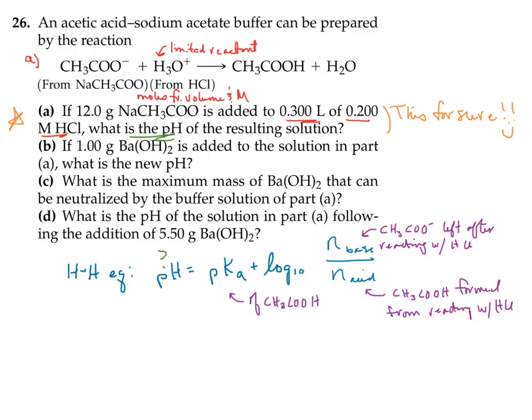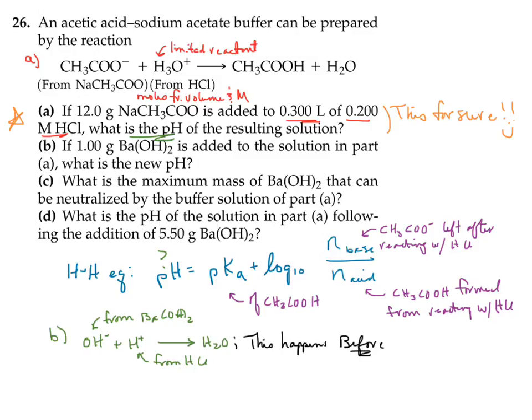So B says, all right, you have that solution A, which is awesome. Go ahead now and add to it a dose of a strong base. Barium hydroxide is a strong base. My hint there, and I looked back at my notes to make sure this is right, is that barium hydroxide is going to react 1-to-1 and gobble up some of your strong acid. That's all it is.